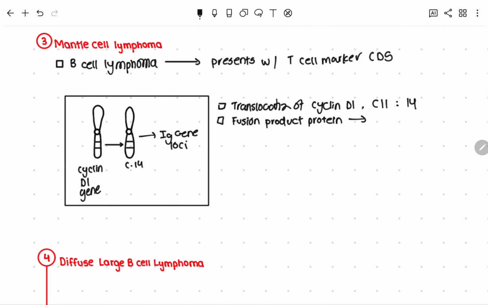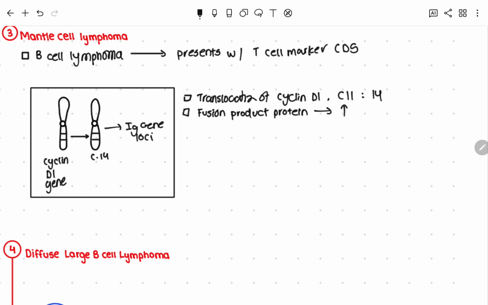So this fusion protein, as compared to follicular lymphoma, increases the rate of proliferation of the cells. And what type of cells specifically? Cells that are found in the mantle zone.